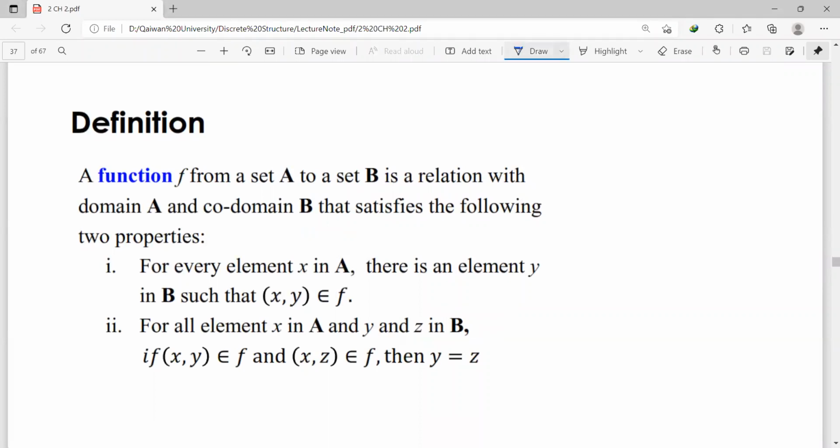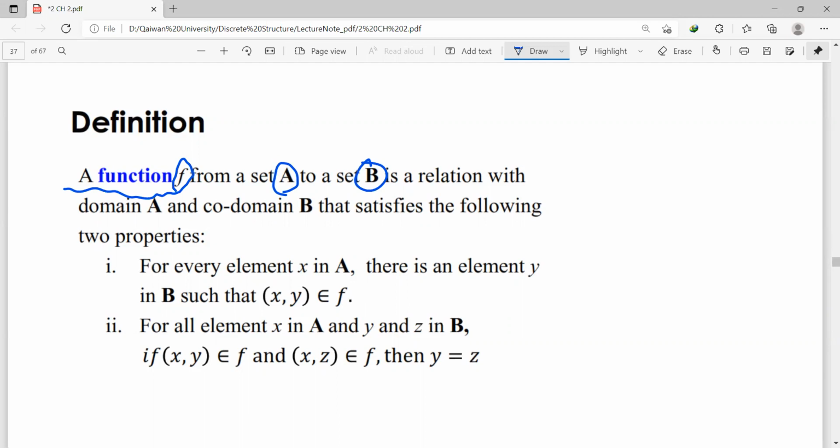A function f from set A to set B. Here we must have two sets, or at least a set to take the function from a set to another. Okay, and we also can say we can have a function from a set to itself.